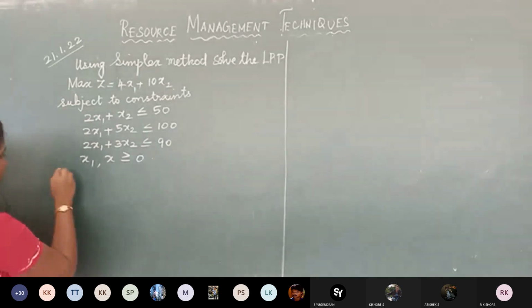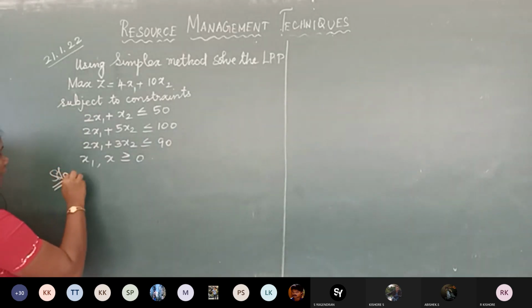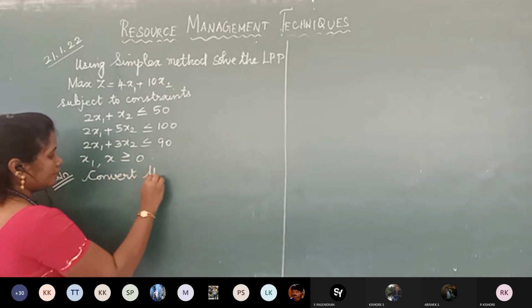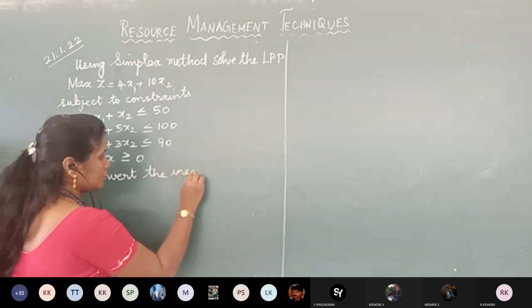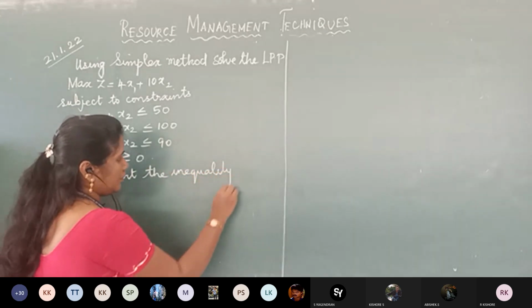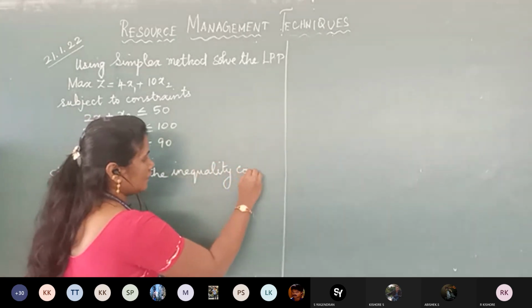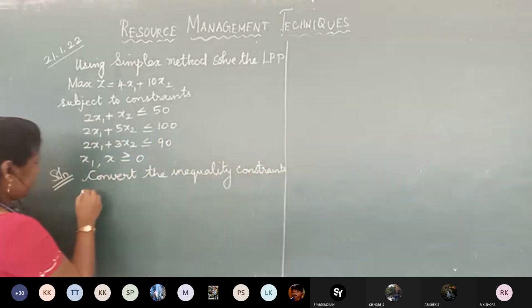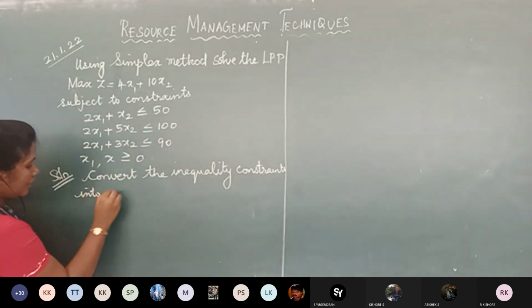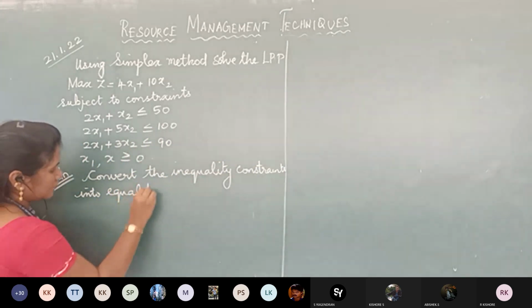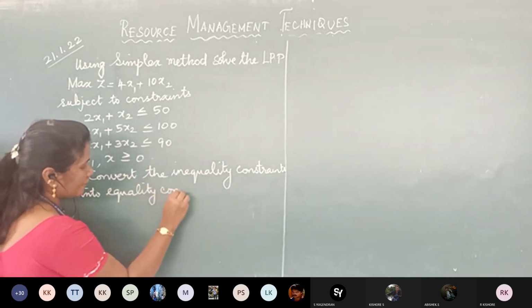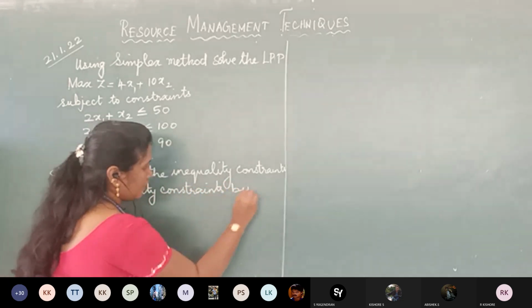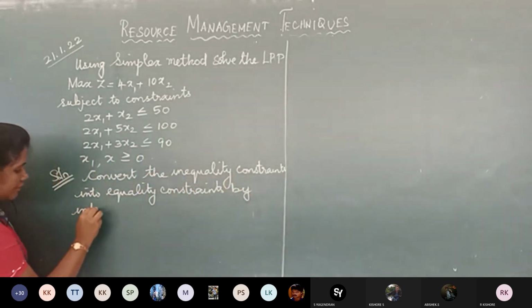So first you write your solution: convert the inequality constraints into equality constraints by introducing slack variables.